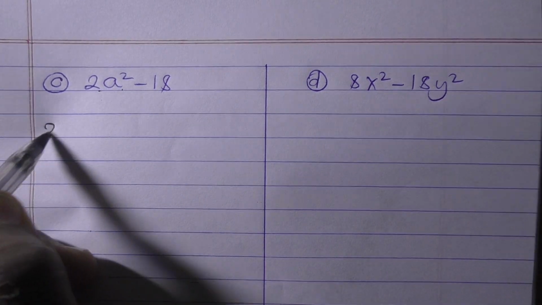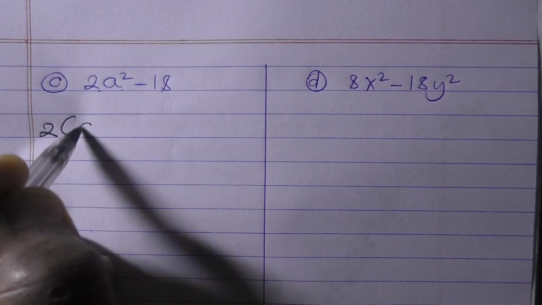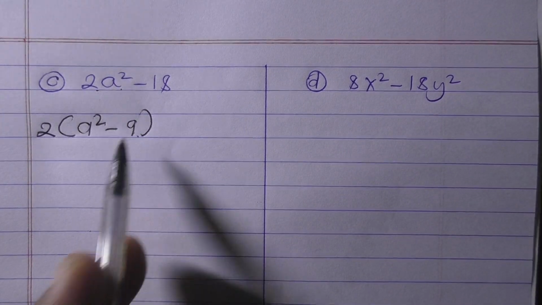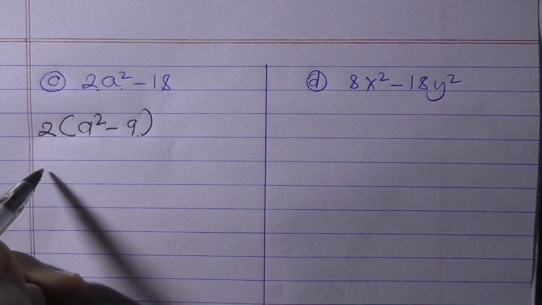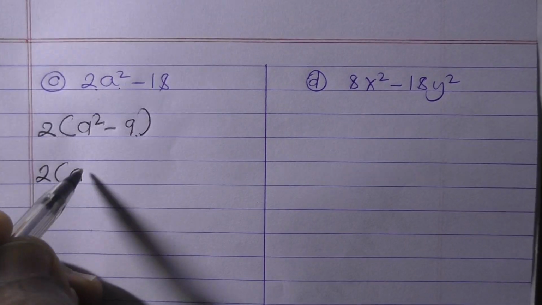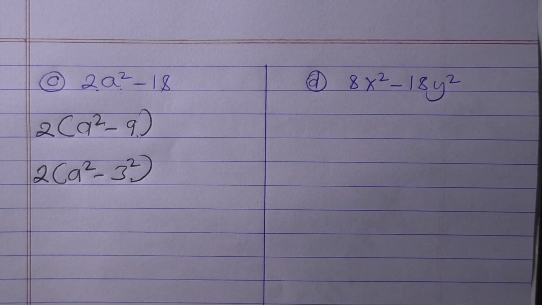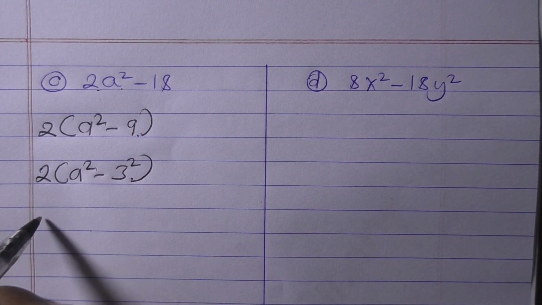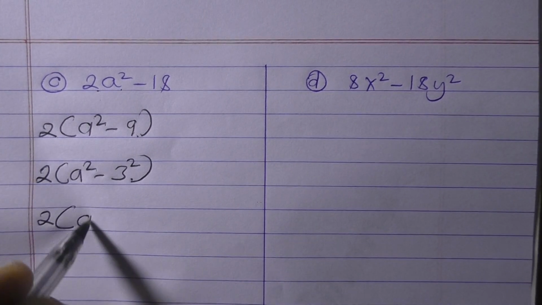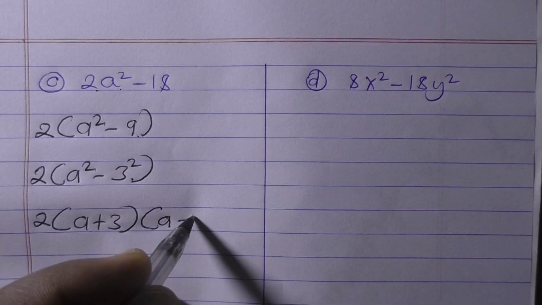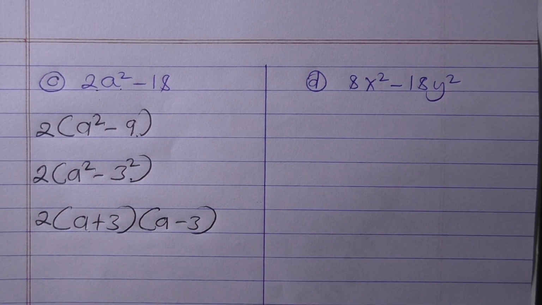We can take a 2 out, so that we remain with a squared minus 9. Therefore, we can change 9 into a square. That gives us 2 into a squared minus 3 squared. So this gives us 2 into a plus 3 into a minus 3. That is our final expression for that.